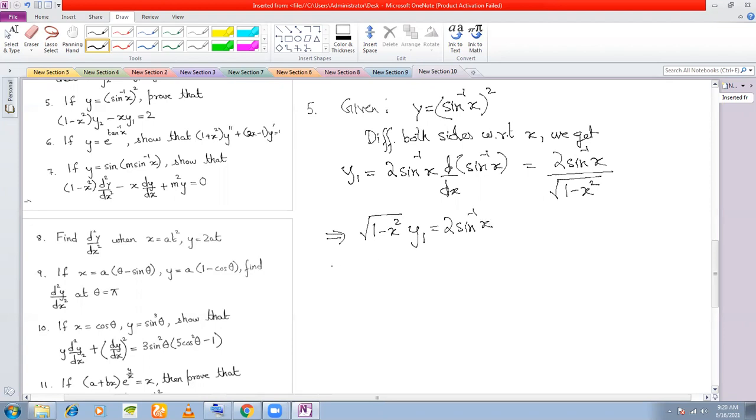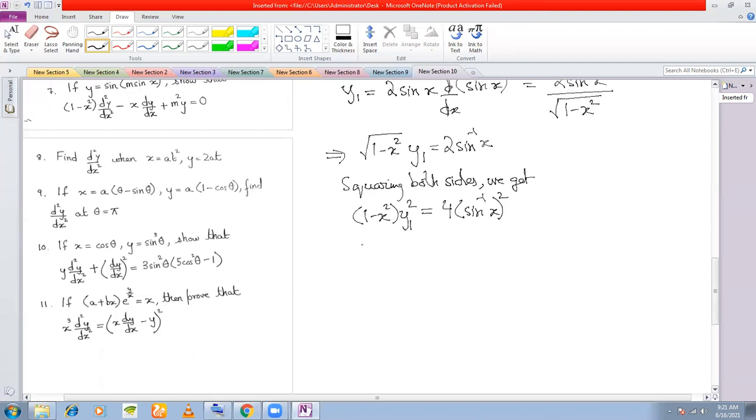Now in order to remove the radical, you square both sides. (1 minus x square) into y1 square is equal to 4 (sine inverse x) square.